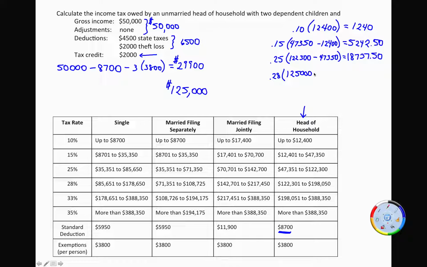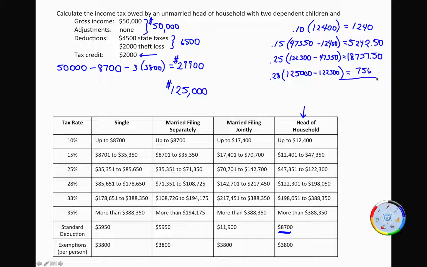So let's do $125,000 minus the $122,300. Notice he's only got to pay 28% there of a couple thousand. So $756.